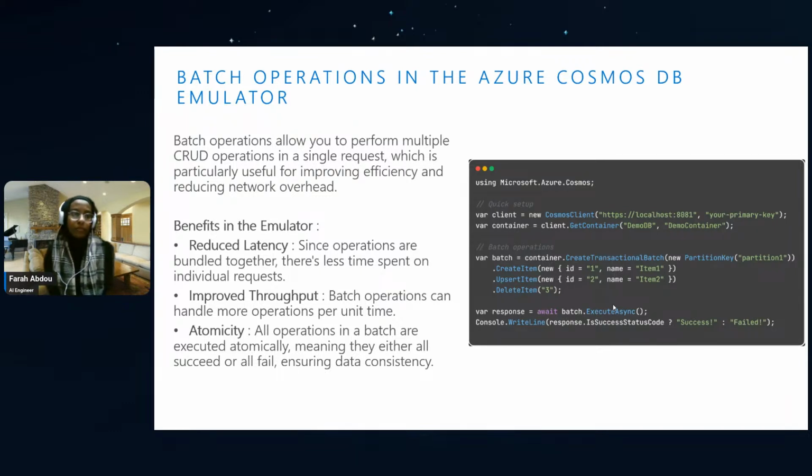The benefits are that it will reduce the latency, and improve the throughput and the atomicity. So we can handle more operations per unit time. We spend less time on individual requests, and all the operations in a batch are executed atomically. Atomically means that they all either succeed or all fail, so we can ensure that the data is consistent.